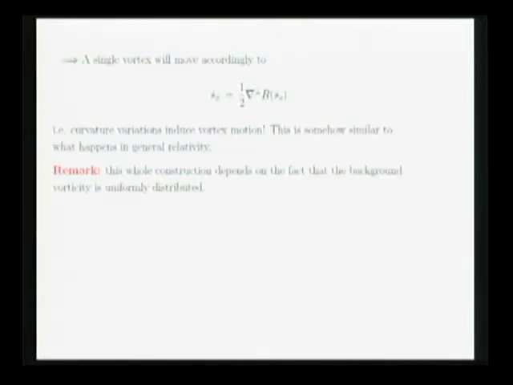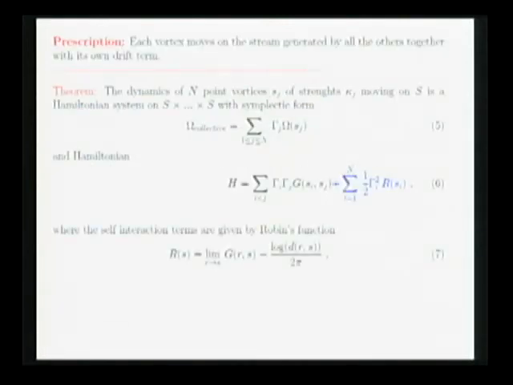And so this is the Robin function, responsible for the dynamics, for the movement of one single vortex in the geometry. So the bottom line is that now the vortex Hamiltonian is gaining an extra term. Here there is our vortex-to-vortex interaction, and here there is our self-interaction, the interaction of the vortex with the geometry.